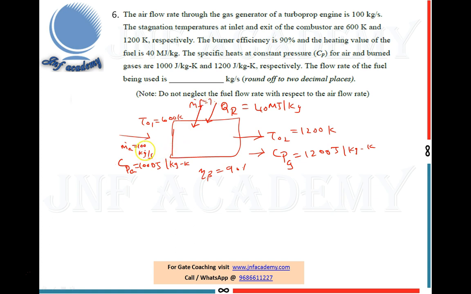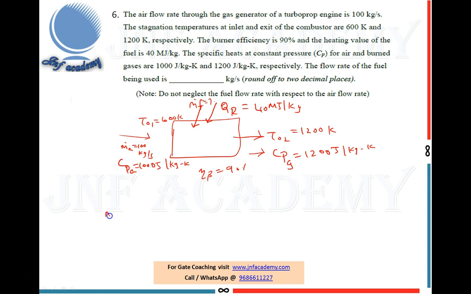So it's a combustion process. Inlet mass flow rate is given, inlet temperature is given, inlet CP is given, burner efficiency is 90%, and the fuel heating value is also given. Exit temperature and exit gas CP are also given. They are just asking what is the amount of fuel that has been added. So now let's apply again the steady flow energy equation between these.